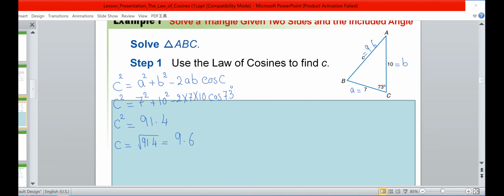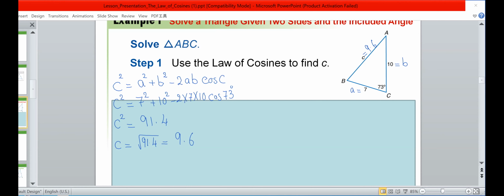Mr., your voice is lagging, or my connection is low, I don't know. Okay, the length of letter C is 9 point what? 9.6, sorry, yes, 9.6.